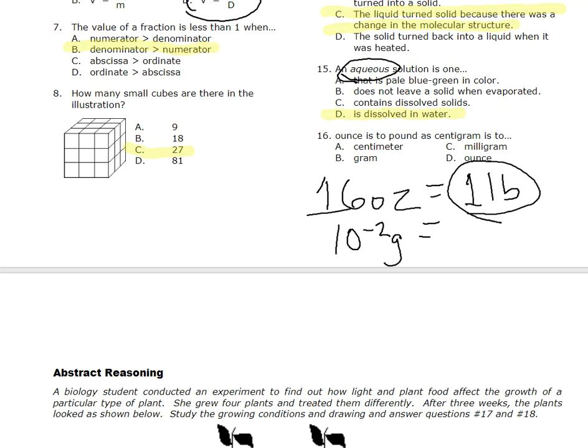So that's going to leave us milligram and gram. And that was a little bit difficult to determine, because you might have put milligram, but a milligram is 10 to the minus 3 grams, whereas a gram is just 10 to the 0 or 1 gram. So to be the best analogy, we would want to choose B, gram, because a centigram is smaller than 1 gram.